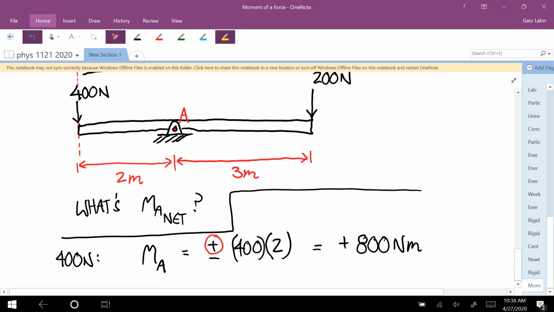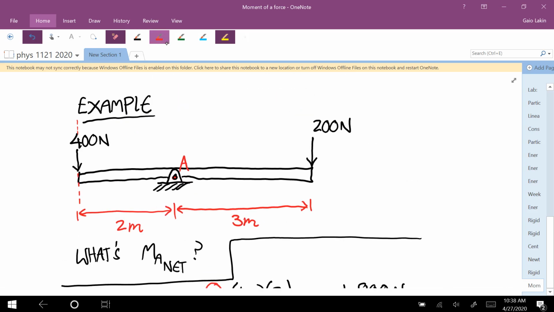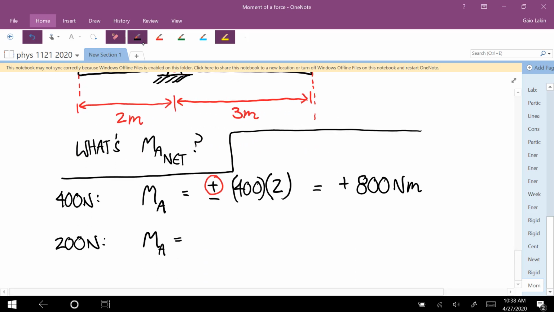And now we'll go to this 200 Newton force. So extend the line of action of that force. What's the distance from the axis to that line of action? In this case, it's 3 meters. So we have our force of, plus or minus, 200 times our distance from the axis to the line of action of 3.